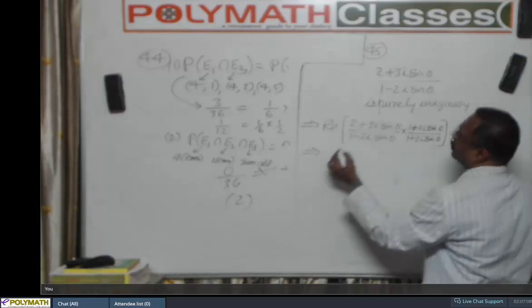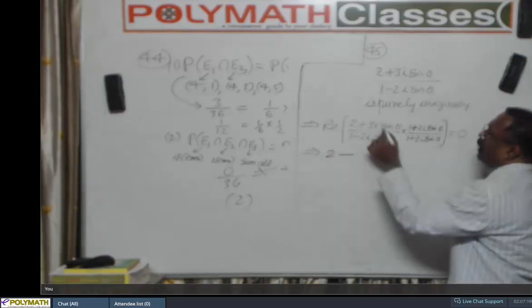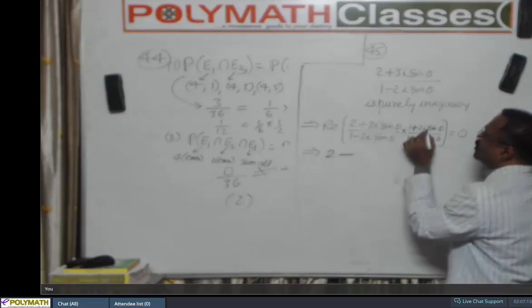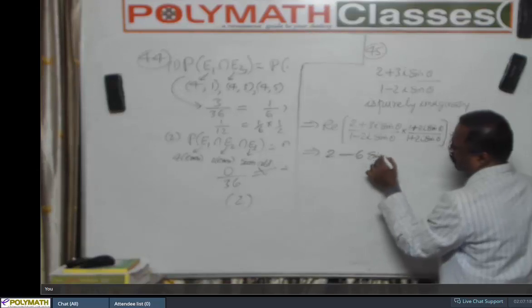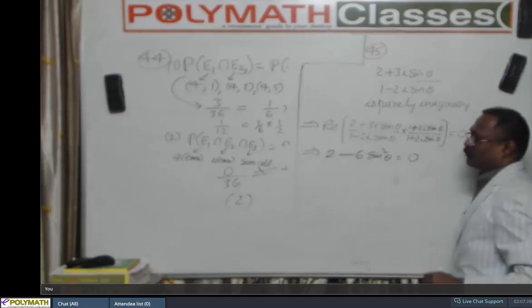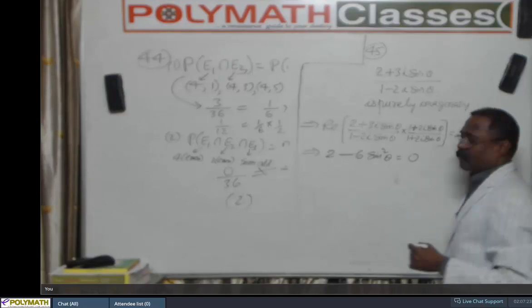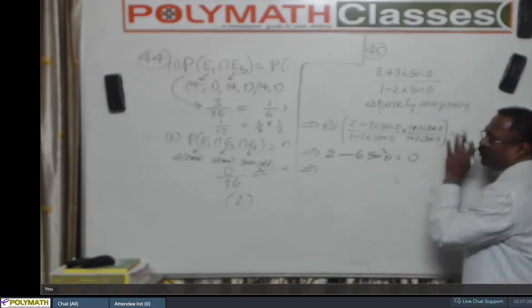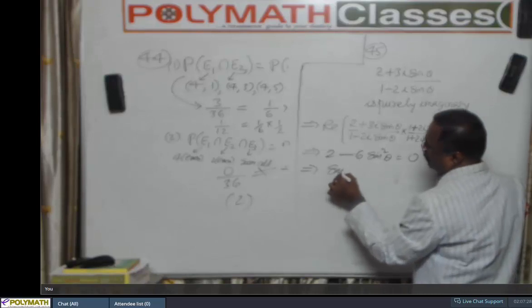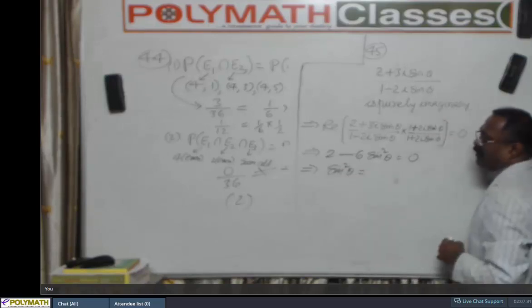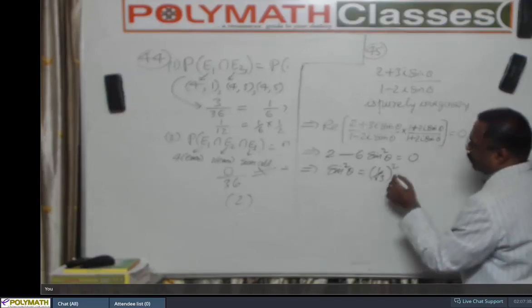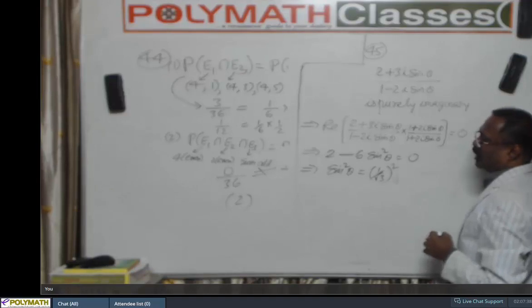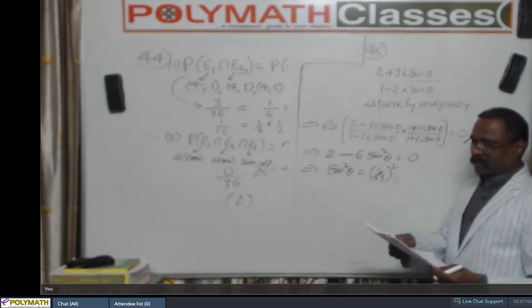It is 2 minus 6i square, plus 6i square becomes minus 6. Whatever the denominator is, in the cross multiplication that becomes 0. So sine square theta is equal to 1 by root 3 whole square.